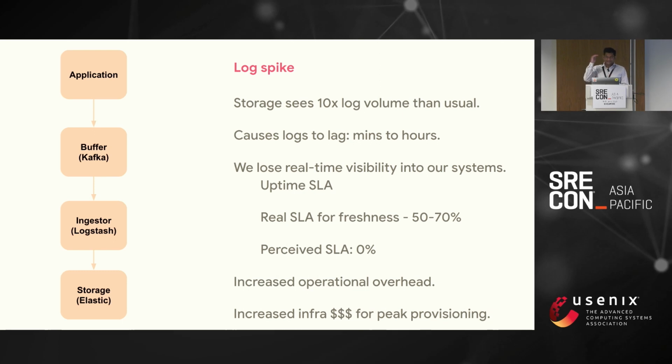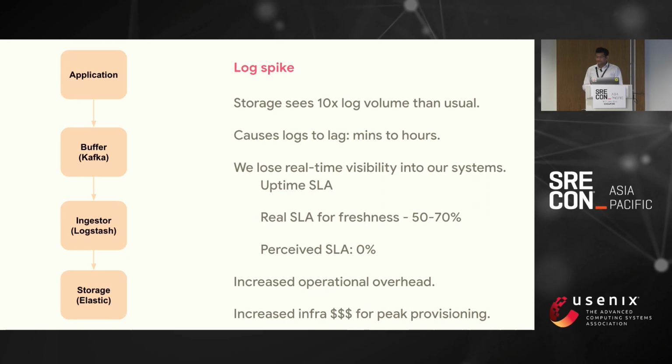Every incident coincided with a log spike, and that's the time when you needed your logs the most, and they were not available. As a result, most people just thought we did not have fresh logs. So the perceived SLA problem is the actual SLA for your system in the real sense of the word.